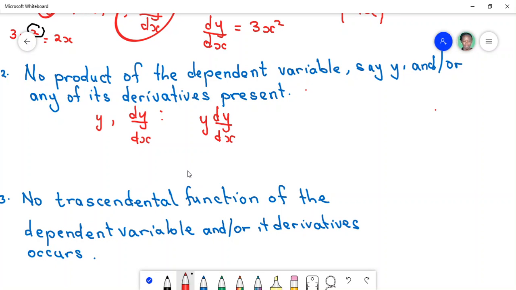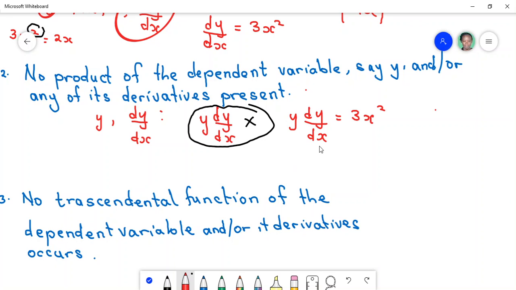So if I have dy over dx equal to 3x squared with y multiplying the derivative, is it linear or non-linear?